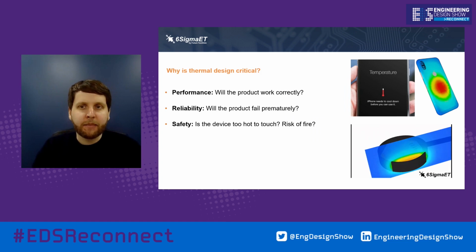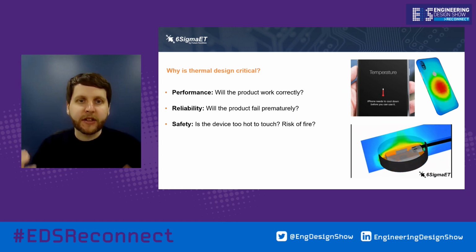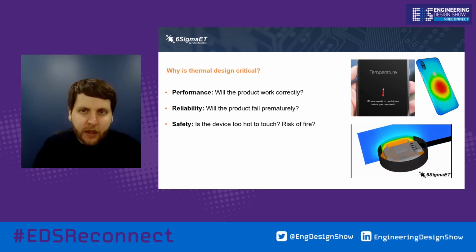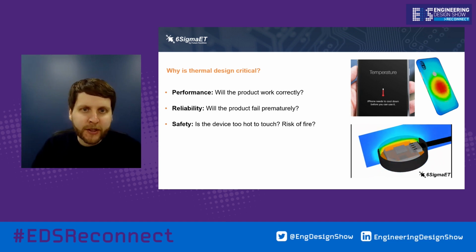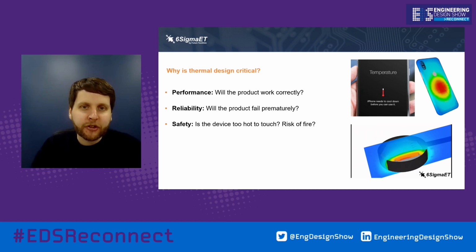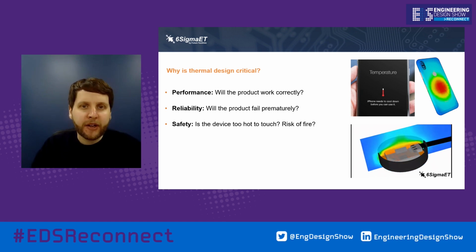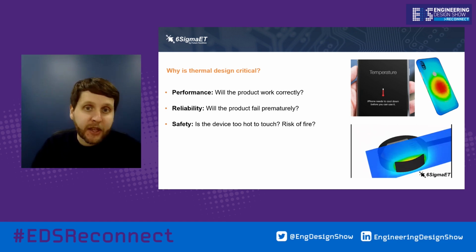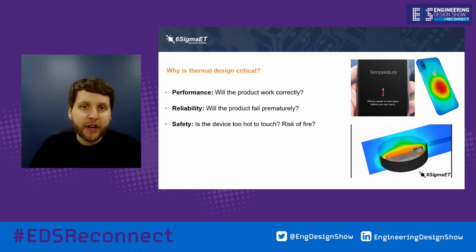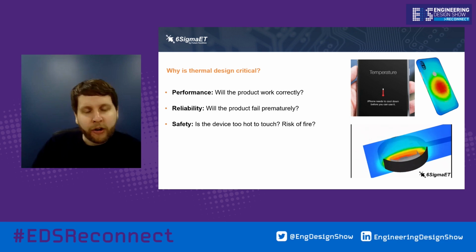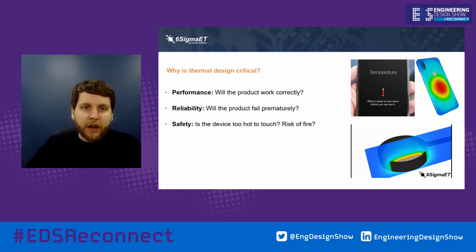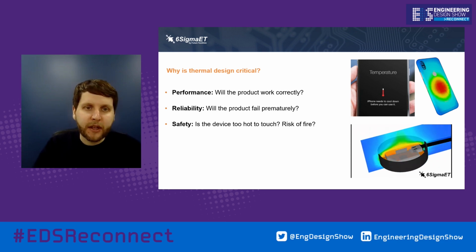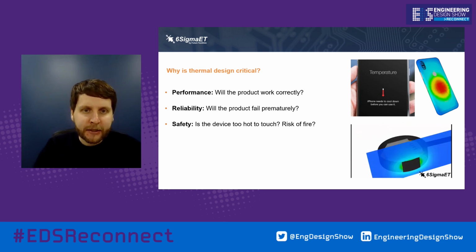But why is thermal design so critical when designing electronics? Well, three main reasons. One is performance. Will the product work correctly at the temperature it's operating at? If the temperature is too high, the device may just not run, or fail, or it may run at lower performance. The other important reason is reliability.